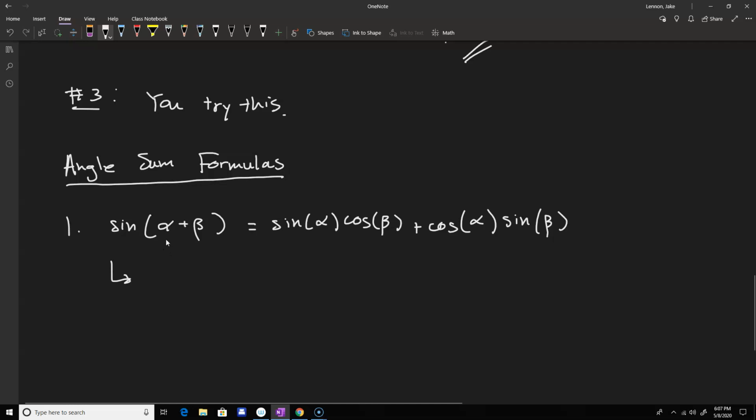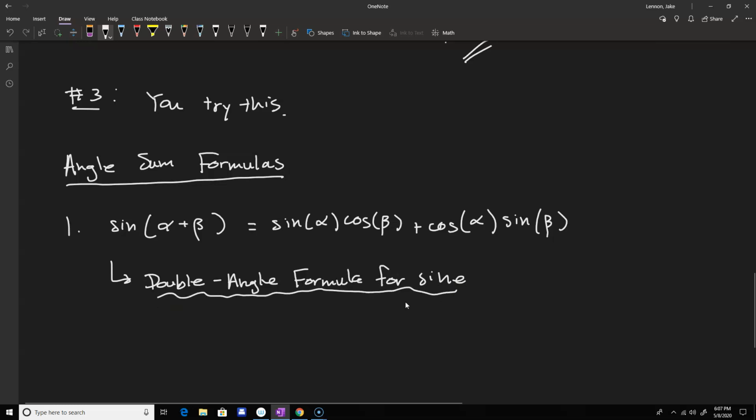On the left-hand side, you would have theta plus theta. So the double angle formula for sine is a corollary. So theta plus theta would be 2 theta. So on the left, we would have sine of 2 theta.